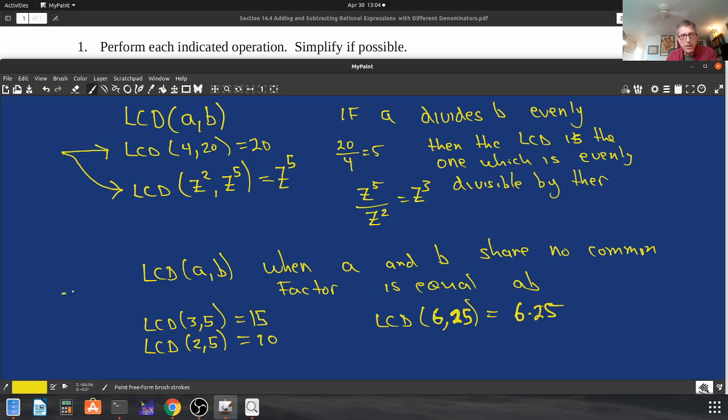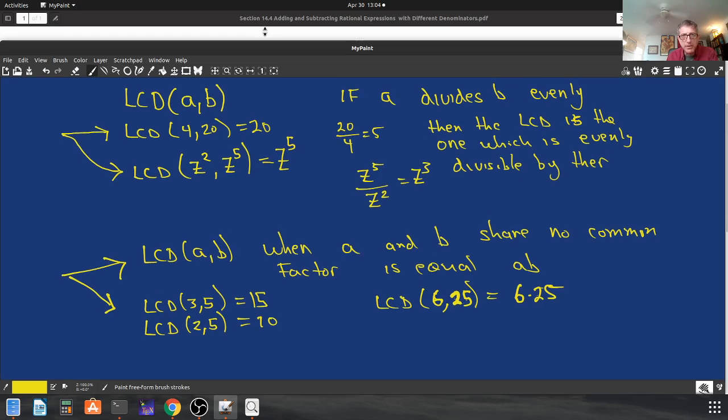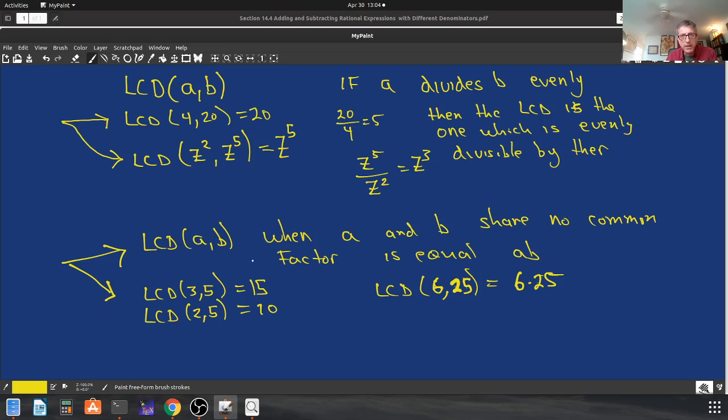So these two properties here, how to compute the LCD when the two numbers don't share any common factors, and when they do, are going to be used. And I'll give you an example of this down here. The LCD, and we're not going to be using it so much, of x and x plus 3.